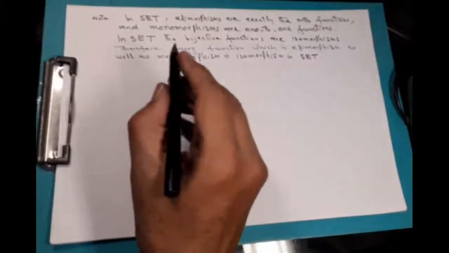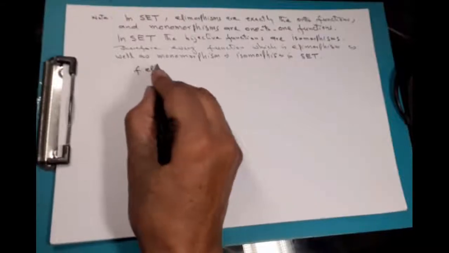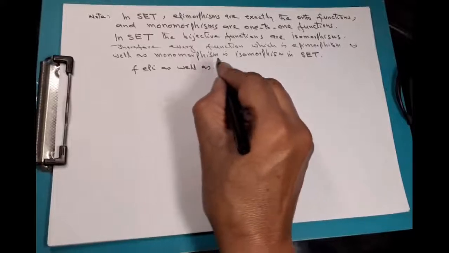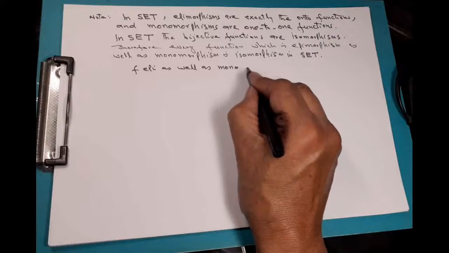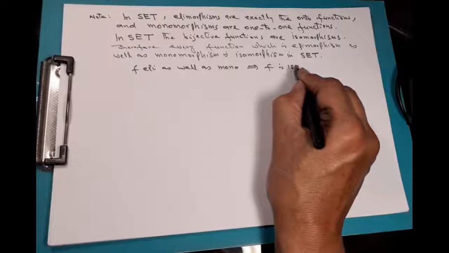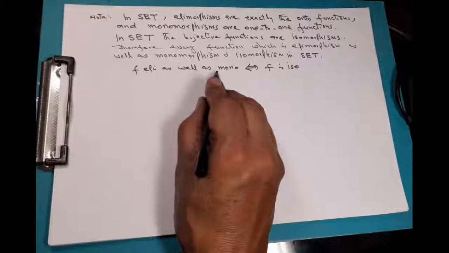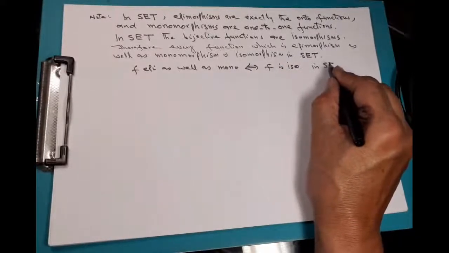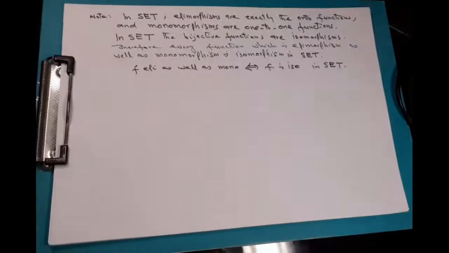F epi as well as mono implies that F is iso, and if F is iso, then F is epi as well as mono, but this is in the category of sets. In this category, it's very important to note this particular thing.